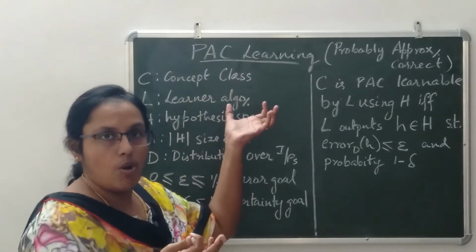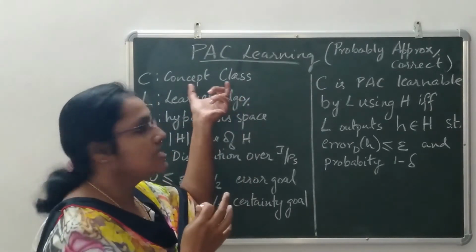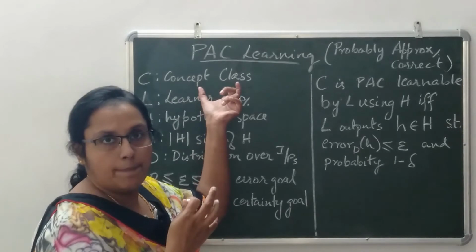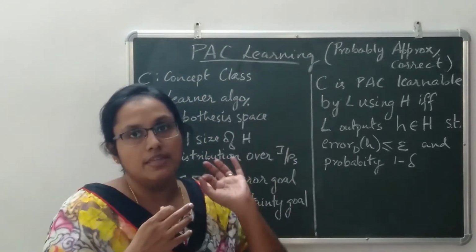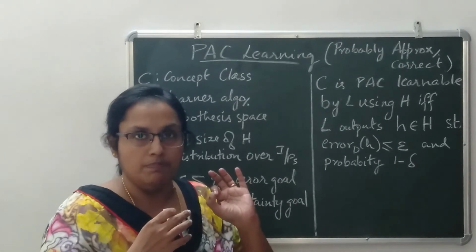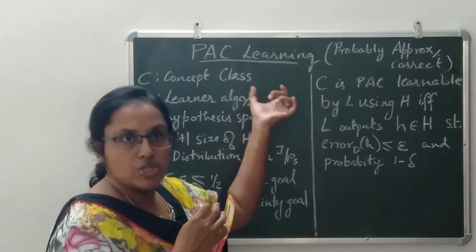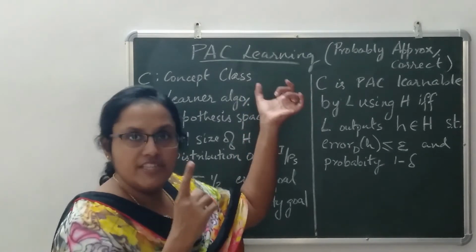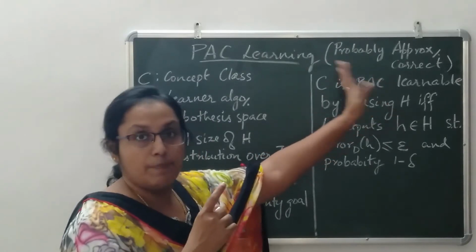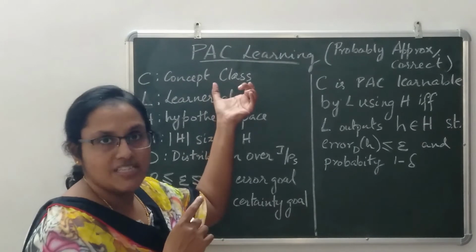The actual concept or the actual hypothesis, that is our version space, is in our concept class. One of those concepts we will take to represent the answer for that particular problem. Within our version space, we should be able to come up with one particular hypothesis which will be probably approximately correct. So that space is our concept class.